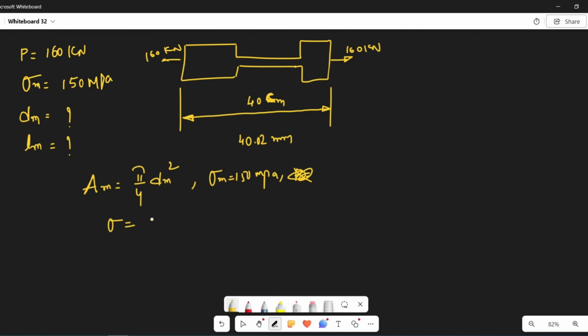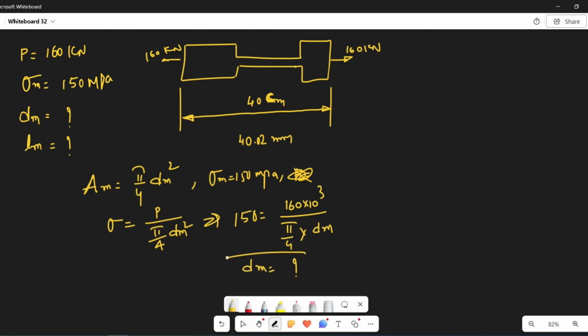Stress is equal to force per area, P by pi by 4 d_m squared, and P is equal to P. From this we identify d_m.